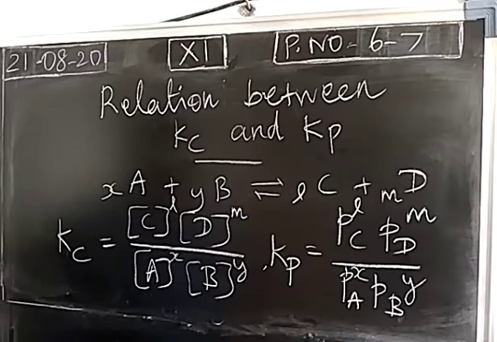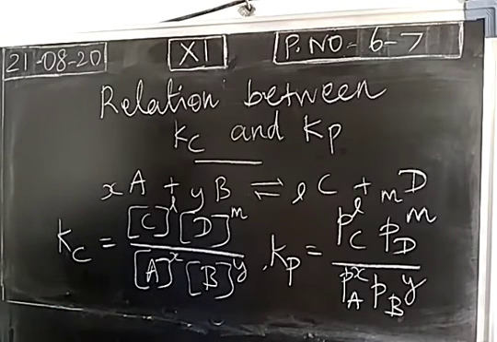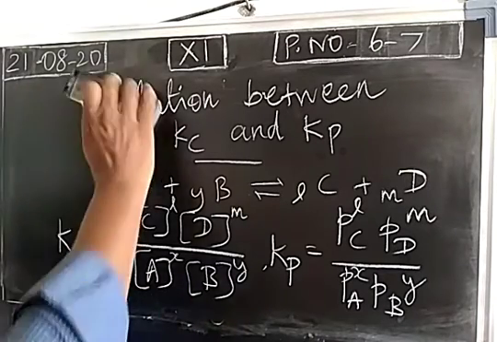So we have written equilibrium constants in terms of active mass as well as partial pressure. Now we need the relationship between these two equilibrium constant values.